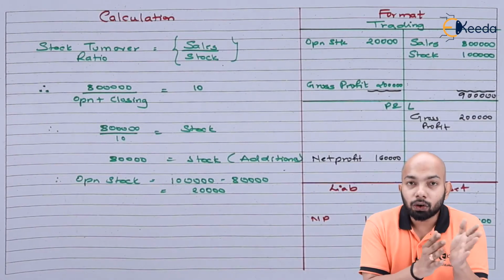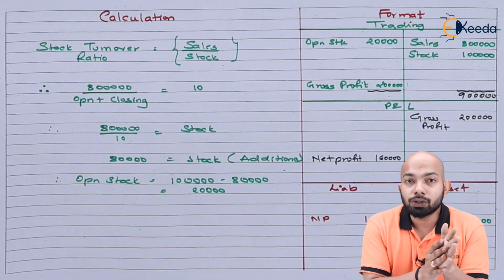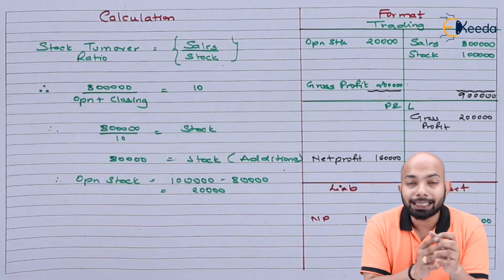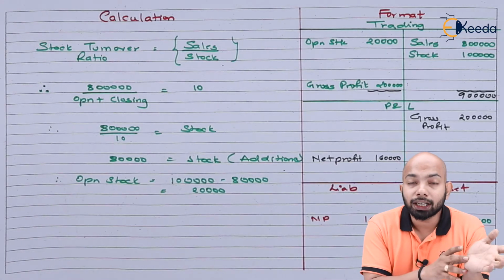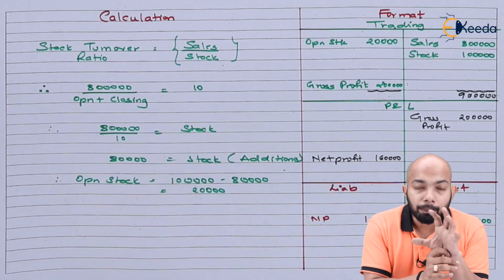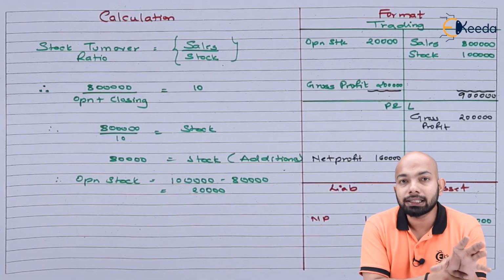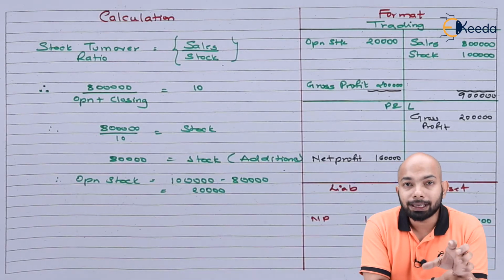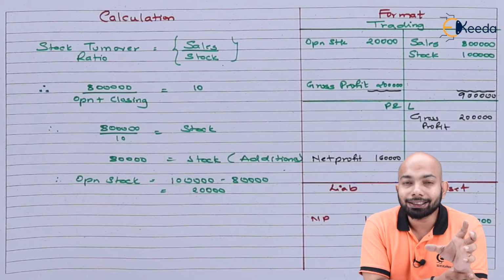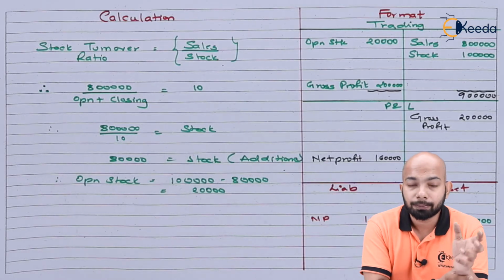The debit side of the trading account shows you a balance of 2,20,000. That means the difference between 9 lakh and 2,20,000 will be mentioned on the debit side here itself of the trading account. That means a total of 6,80,000, because 2,20,000 subtracted out of 9 lakh will give you a balance of 6,80,000 here.